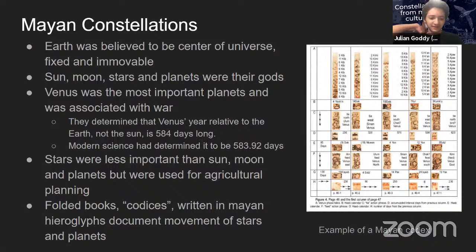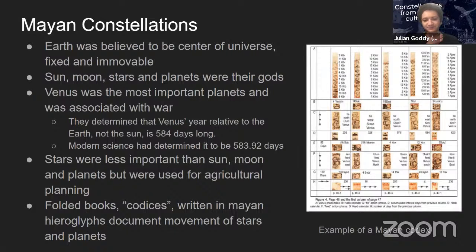they actually took very precise measurements of Venus's year relative to the sun, which they measured to be 584 days long, and now we have determined it to be 583.92 days, so very close.